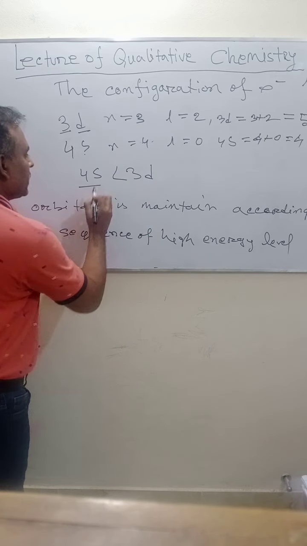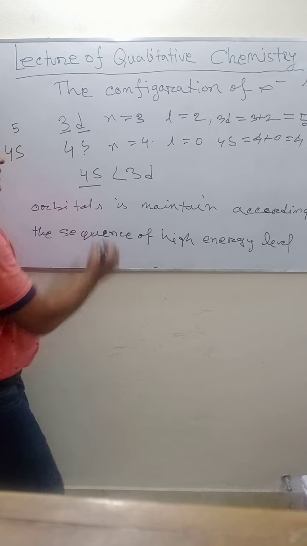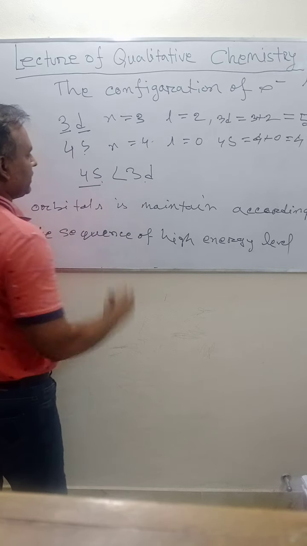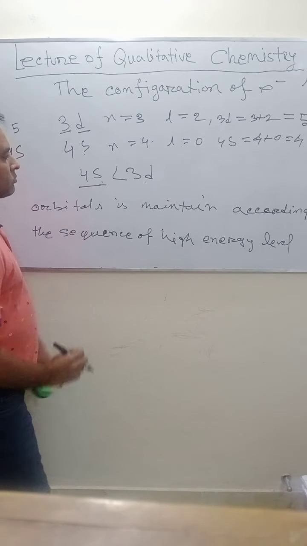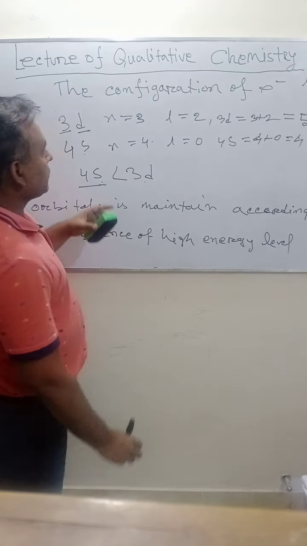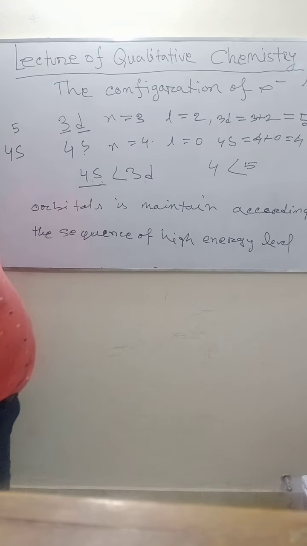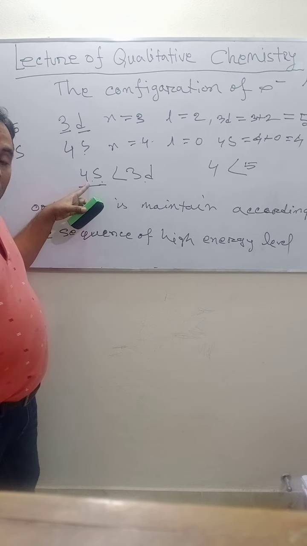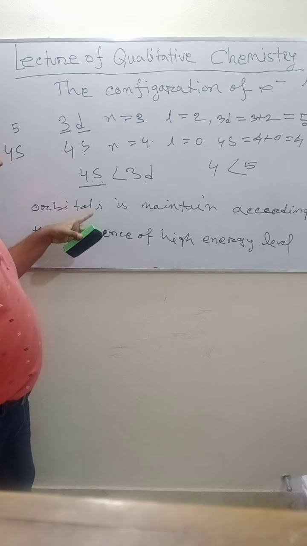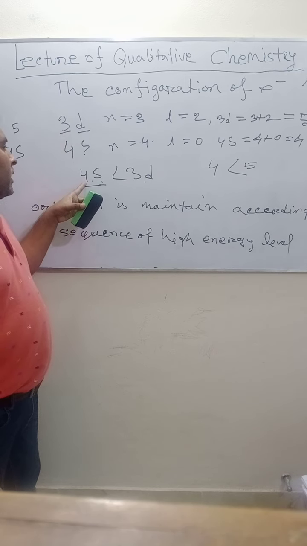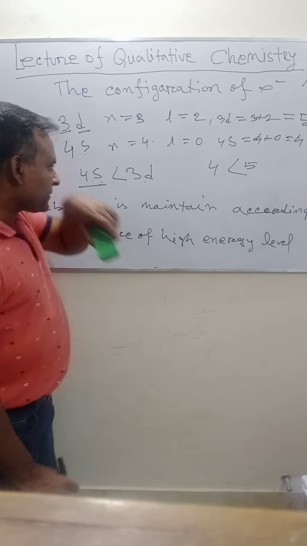Definitely in 4s the electron will enter first, then 3d. Because 5 is bigger than 4, so 4s, though this is the fourth shell and this is the third shell, the electron will enter in 4s first. Clear?